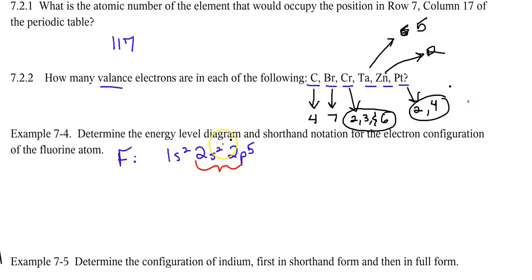Now they want to draw an energy diagram in a shorthand notation. The shorthand notation would mean you would take the nearest noble gas. Helium is 1s2. So we would take helium as the 1s2, then write 2s2, 2p5. So this is the longhand notation, and this is the shorthand. I'm not sure how much you save here by writing He, but that's what I ask you to do.